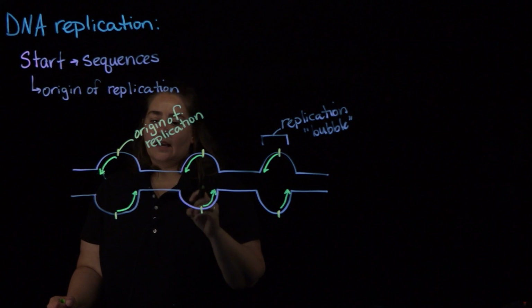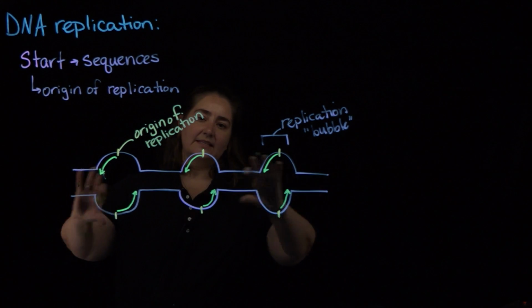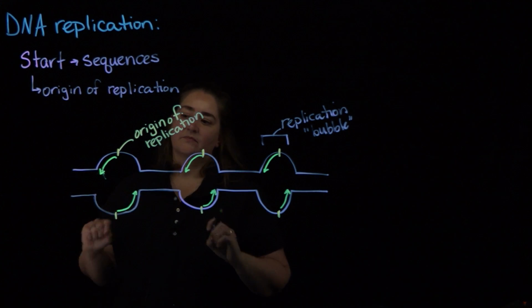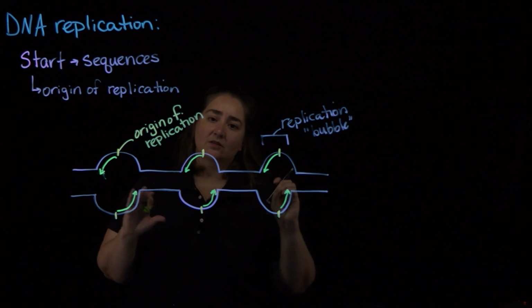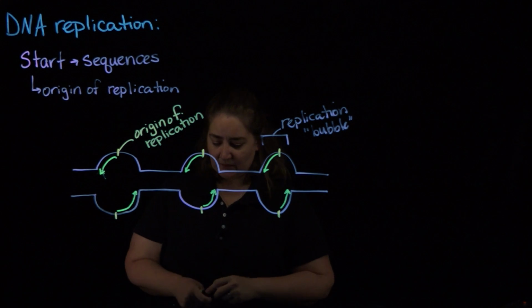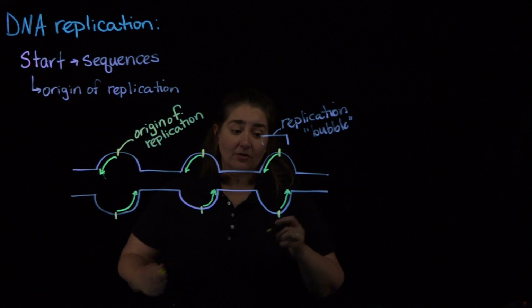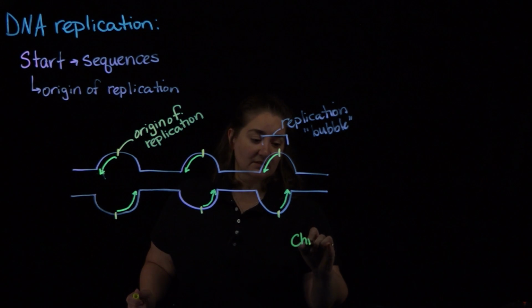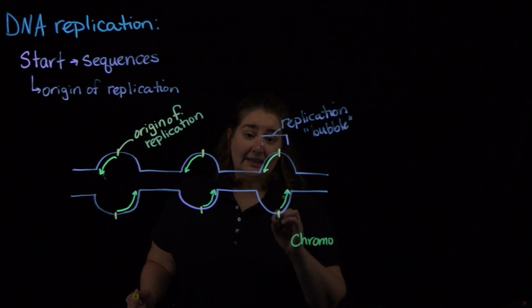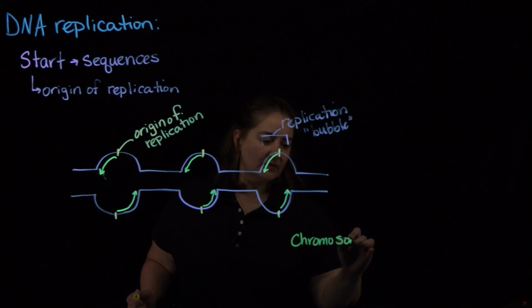So what ends up happening is you're going to have that DNA replicate at multiple spots on the chromosome, all right? And I know we haven't talked about chromosomes yet, but we're getting there, all right?